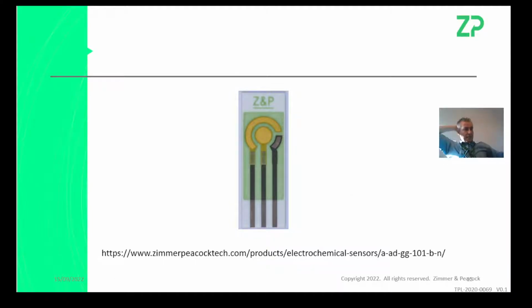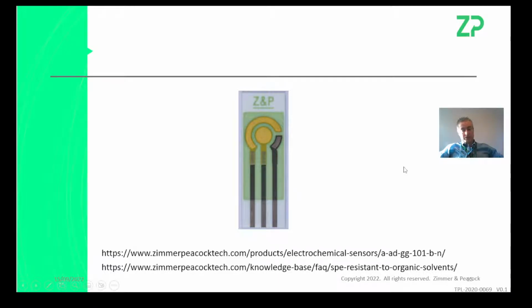It has been used in DMF, THF, acetonitrile. It doesn't have any problems with organic solvents. So we have an electrode, and you can use an electrode like this to do what I would almost call spot testing, where you take a sample of the reaction, put it onto the sensing end of this, and run a voltammogram that way.